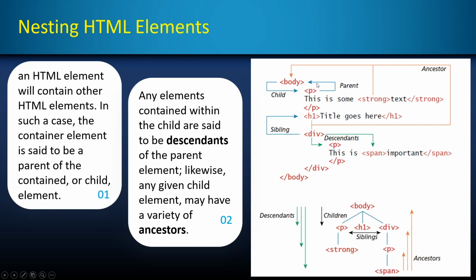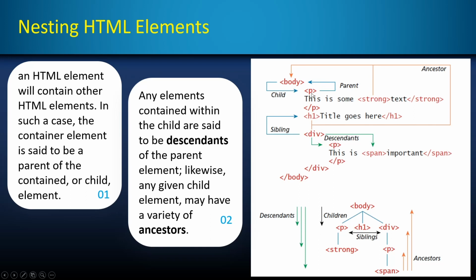So for body, the children or descendants are the paragraph tag, strong, h1, div, again p, and span. Understood? For this body, the children are the paragraph tag p, the h1 tag, then the div tag, three children. Then the descendants are strong.